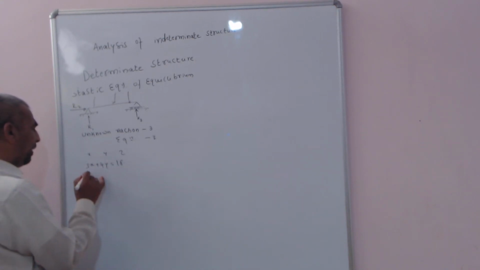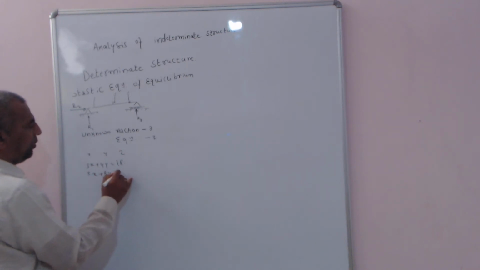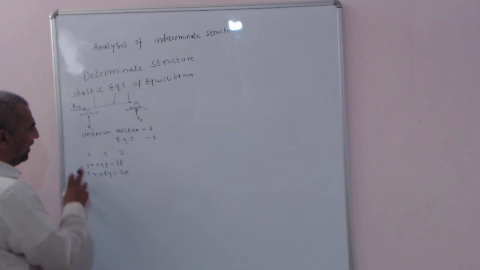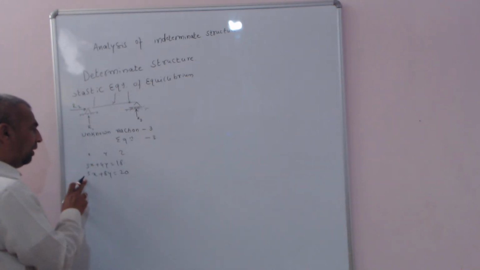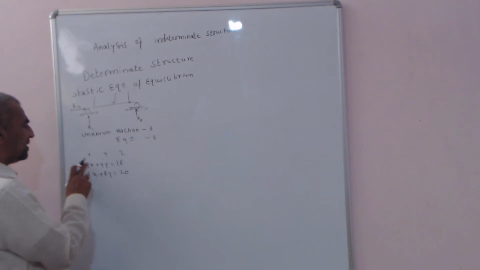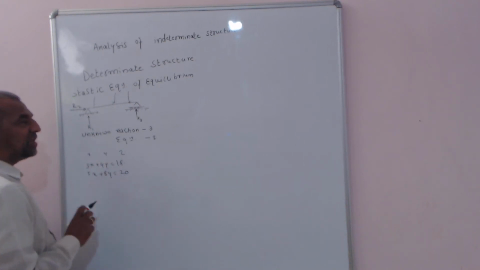If you use one more additional equation, say 5x plus 8y is equal to 20, can you get the value of x and y here? So to get it, number of equations and number of unknowns must be same.